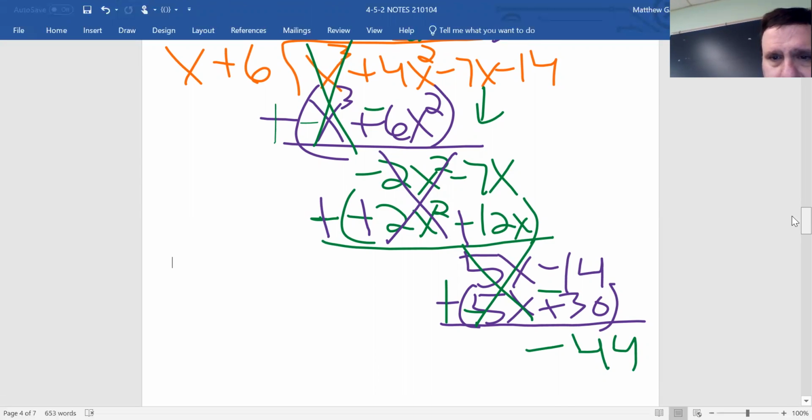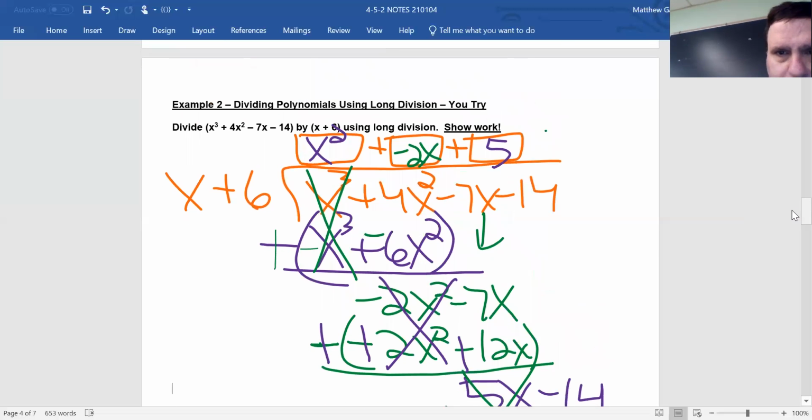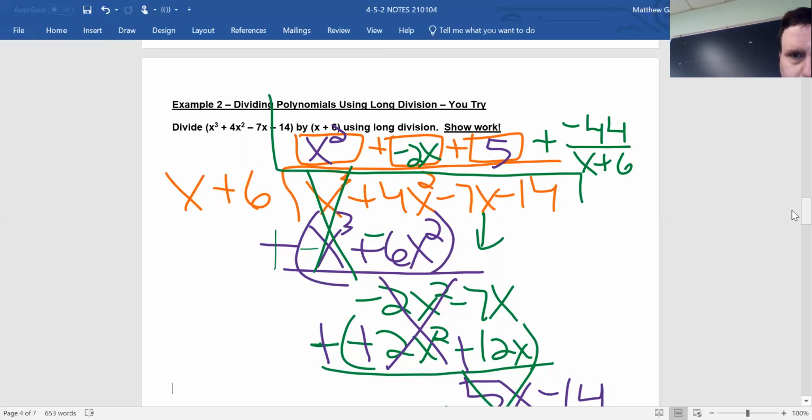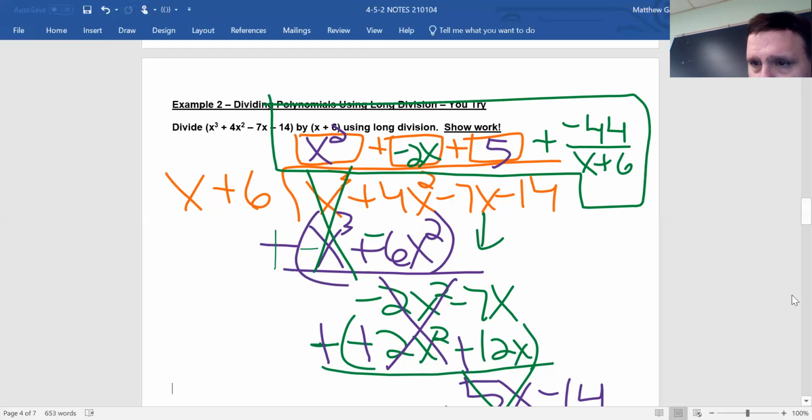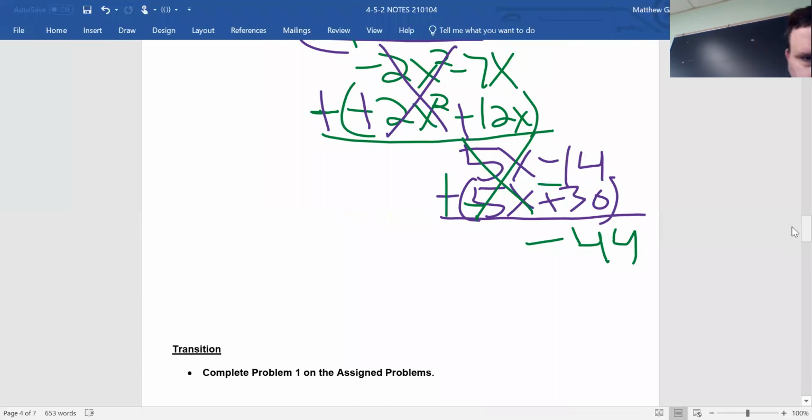We do just like we did in the first example. We put this as add the remainder over the divisor. All right, so this is what everything should look like. Let's write our answer a little bit more professionally. x squared minus 2x.